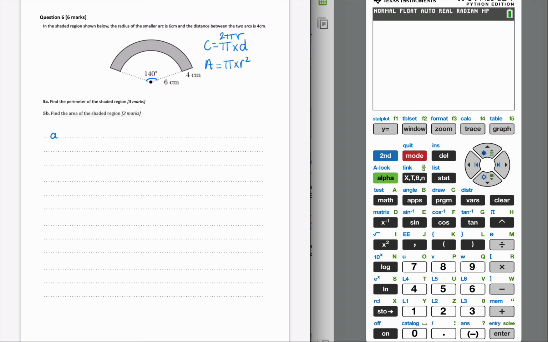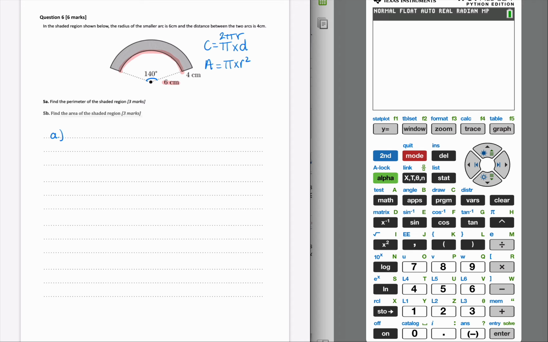So for the first part, you need to find the perimeter of the shaded version. For this, we first of all need to find the perimeter of this edge here, or the length of that edge. Now that is the perimeter of the circle that has a radius of just 6 centimeters.